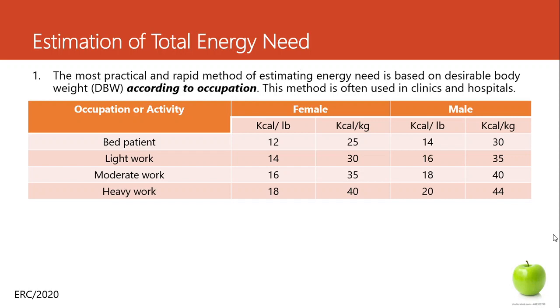For the kilocal per pounds, for the kilocal per kilogram, we have 25, and so on. For example, a 50 kilogram man with moderately active work, so multiply 50 times 40, you will arrive at 2,000 kilocal per day.